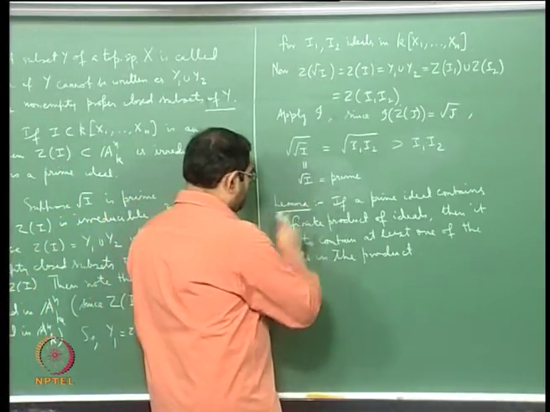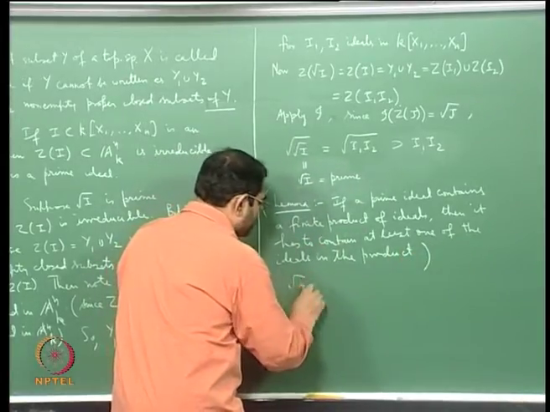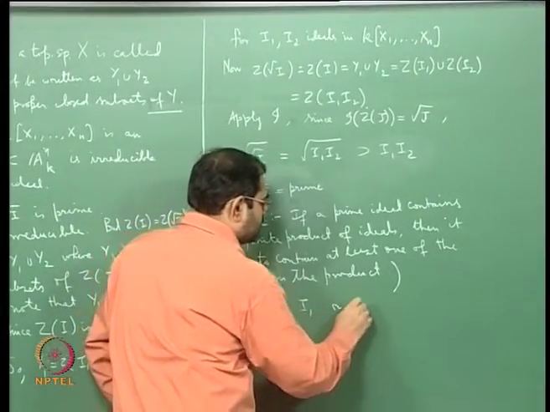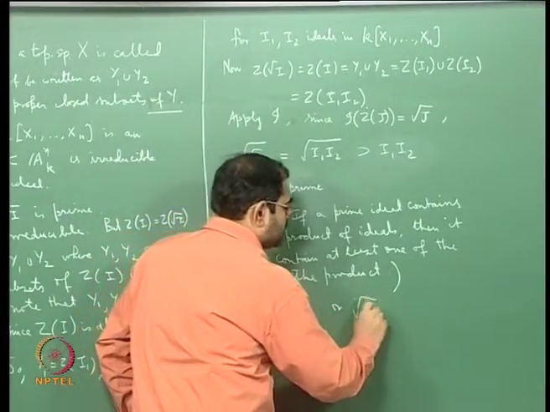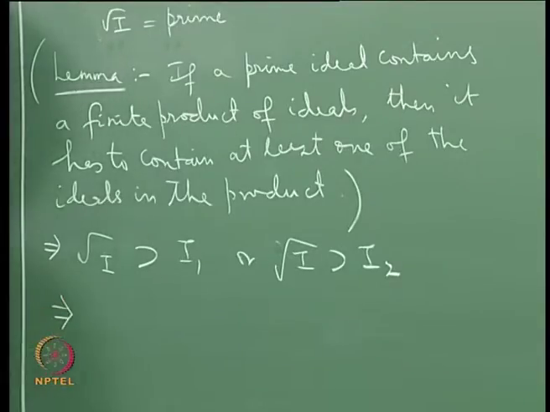So what this lemma will tell you is that rad I has to contain I1 or rad I has to contain I2. Now you apply Z, to take the zero locus, and remember that when you apply Z the inclusion is reversed.